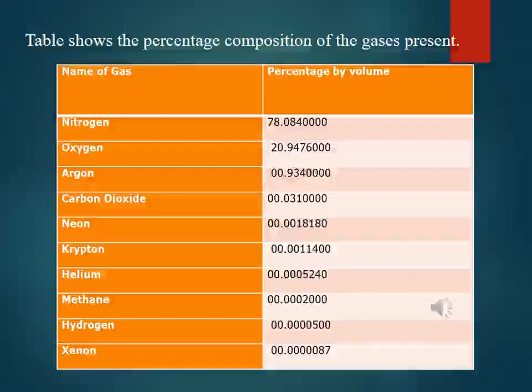On the other hand, hydrogen is present at 0.00005% and xenon is present at 0.00087% by volume. So this table gives us a ready reckoner of the different gases present in the atmosphere and their concentrations.